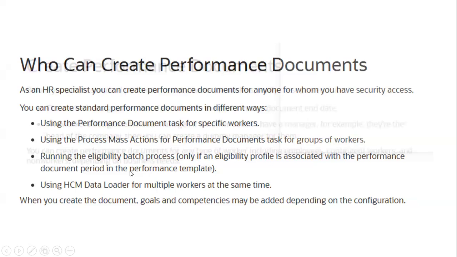And there is another option also: HCM Data Loader for multiple workers at the same time. When we go ahead with that HDL file, we need to run it manually. It's a little bit technical task. Generally, we go ahead with any one of the first options. These are the different ways we can create performance documents.